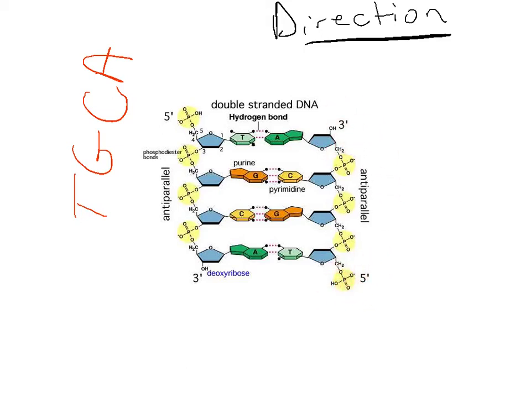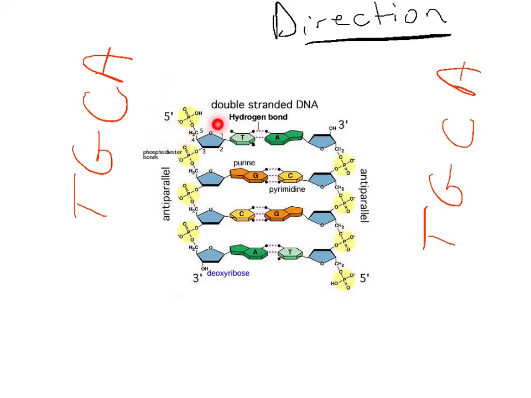the sequence you find is T, G, C, A. So because we have a molecule that is both anti-parallel, meaning both sides are opposite, and you have this matching going on where the T matches with an A and a G matches with a C, the left strand and the right strand, no matter how you read it, you get the same sequence because you have to start reading from the 5 prime.